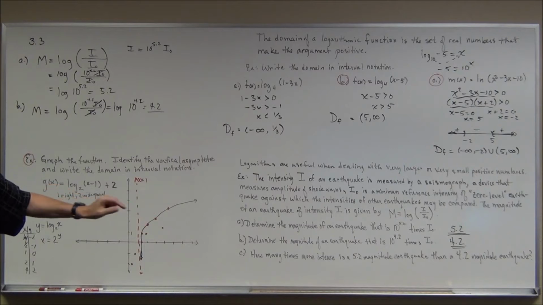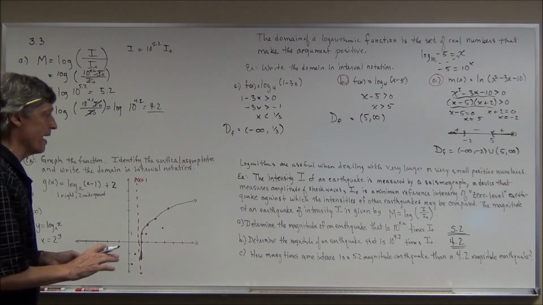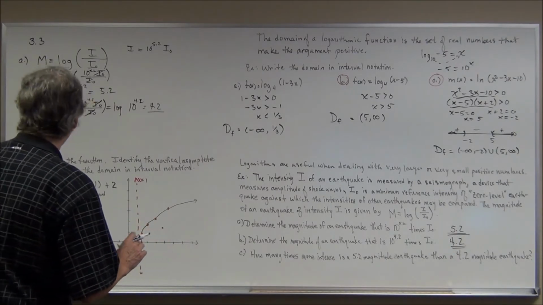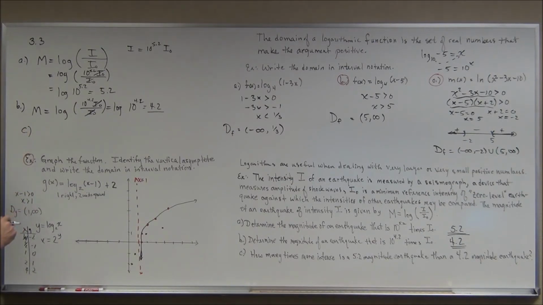Now it says here in part C, this is a little bit different, so this might be a little bit more interesting for you. How many times more intense is a 5.2 magnitude earthquake than a 4.2 magnitude earthquake? Well, all you want to do here in part C, if I can squeeze this in, is to compare them, how many more times.